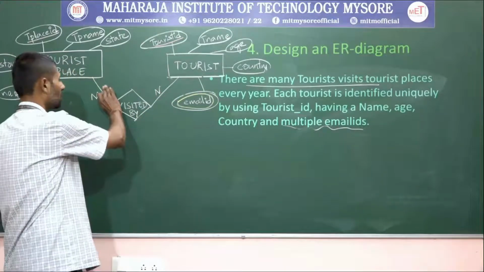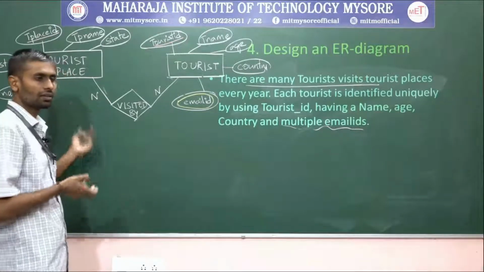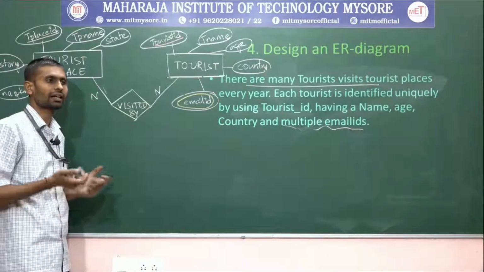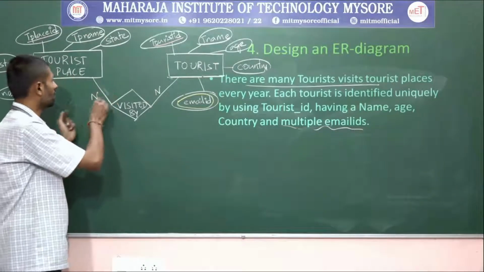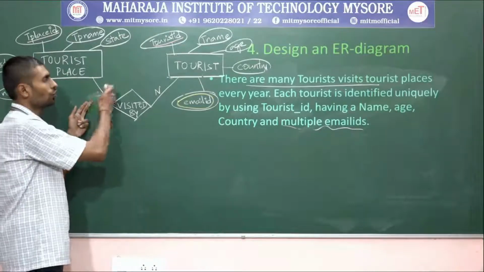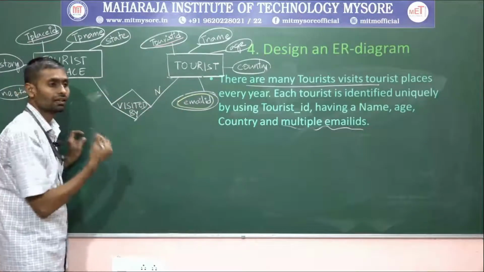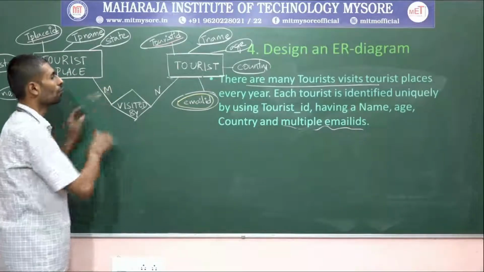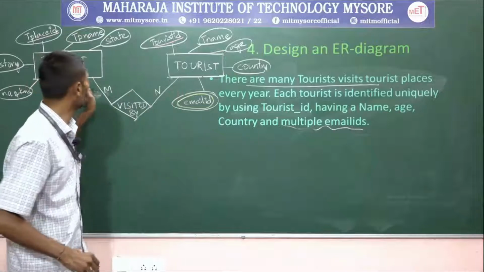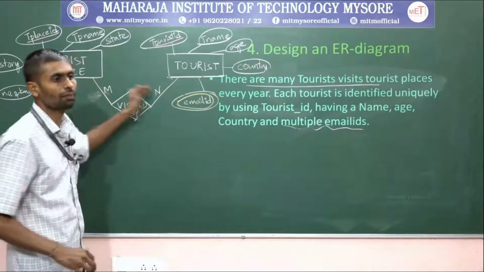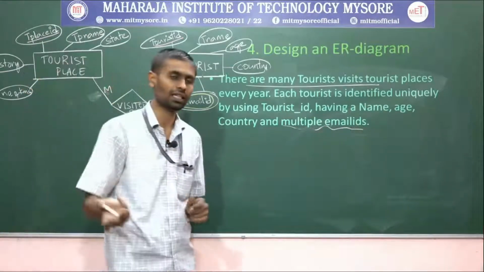It's an indication of one to many from one end and one to many from the other end, and that becomes many to many. One tourist can visit many tourist places, and one tourist place can be visited by many tourists. That becomes many to many.